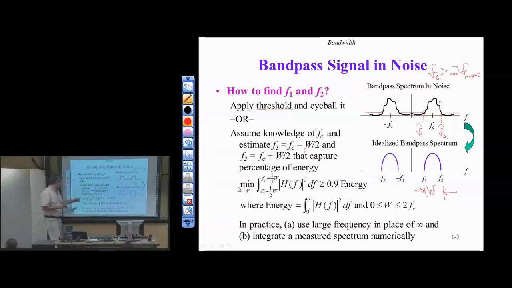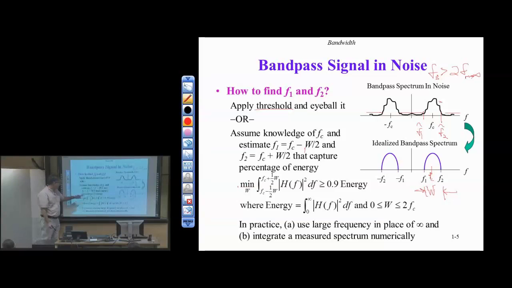So I'm going to go from FC, which is the center of the band. So there's FC. That means that F1 is FC minus half of capital W, and F2 is FC plus capital W over 2.